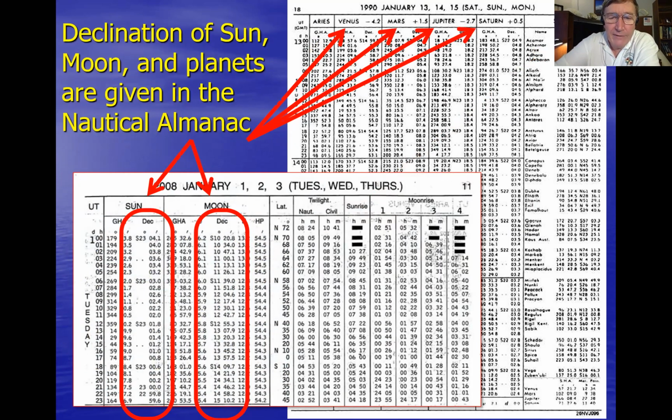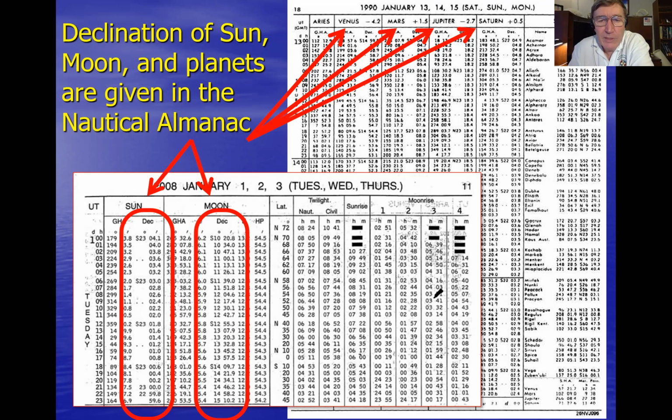Here's the declination for Mars, here's Jupiter, here's Saturn. You just look those up, so those are nice and straightforward. By looking here, you can find the GP of the object at the time that you measured it. And that's that, nothing more to it.